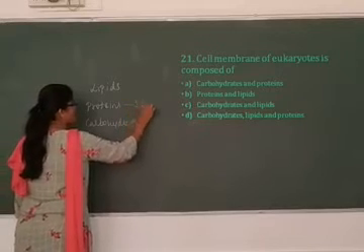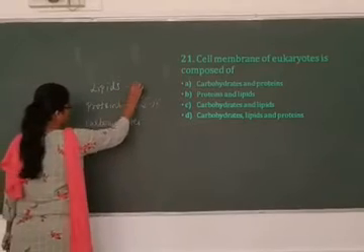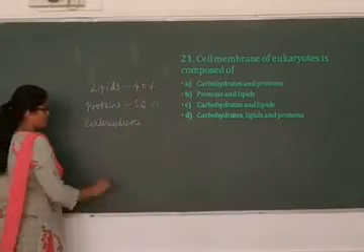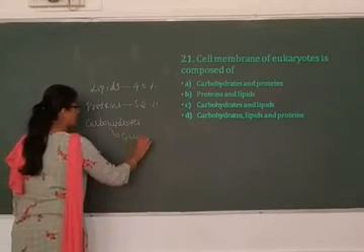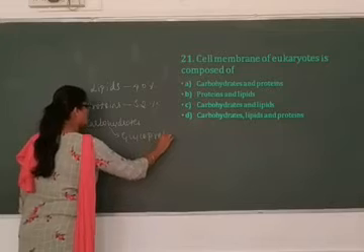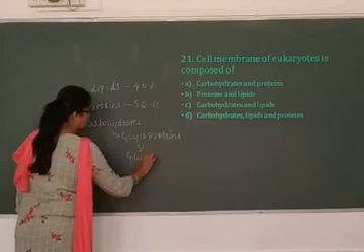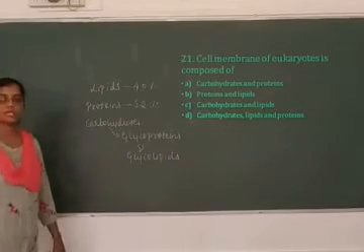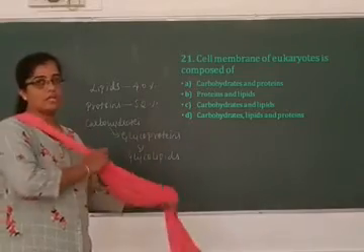Proteins constitute around 52% of cell membrane of eukaryotic cell. 40% of lipids are present. Remaining are carbohydrates, present in the form of glycoproteins and glycolipids. Carbohydrates that are attached to the protein are called glycoproteins. Carbohydrates that are attached to the lipid are called glycolipids.